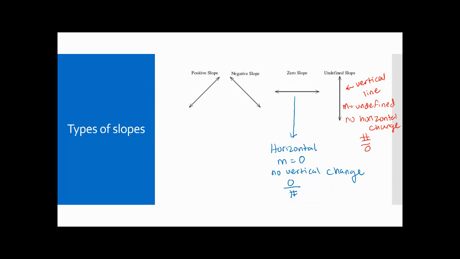So you're dividing by 0. And whenever we divide by 0, we get undefined. So your undefined slope is going to be something where you're dividing by 0. So those are always going to be vertical. So just keep in mind that most of the time we get numbers for slope, but we could get 0 or undefined if it's either a horizontal or a vertical line. So those are special cases.